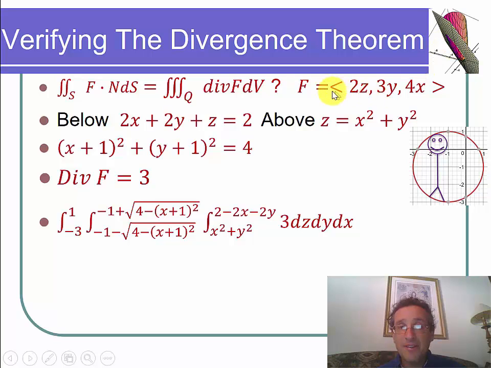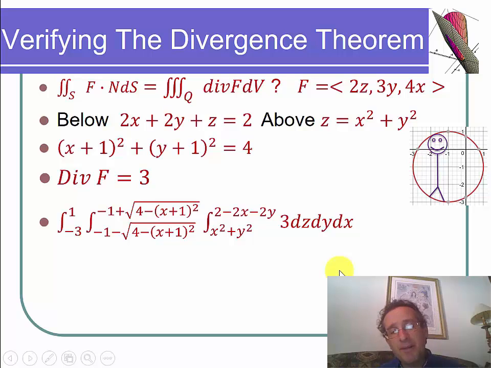The bottom surface is z equals x squared plus y squared, so x squared plus y squared is the lower limit. The top surface can be written as 2 minus 2x minus 2y. That gives us the upper limit as 2 minus 2x minus 2y. And then the integrand is the divergence of f, which was just 3, dz dy dx.